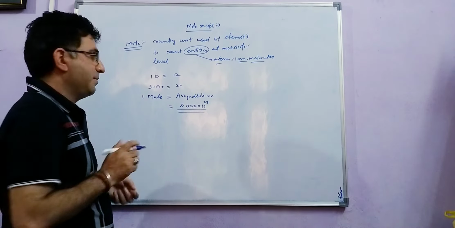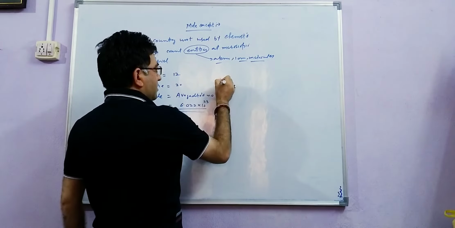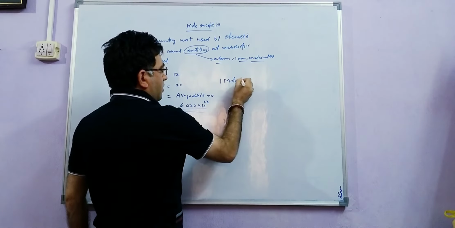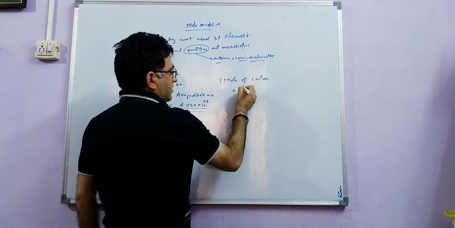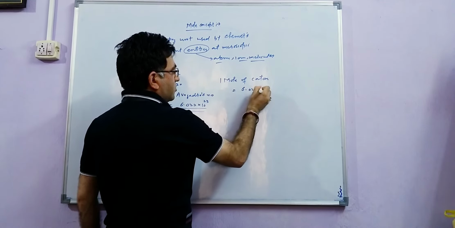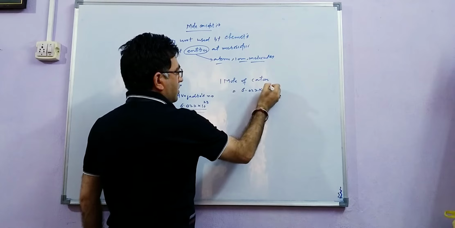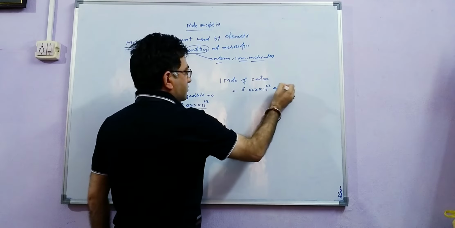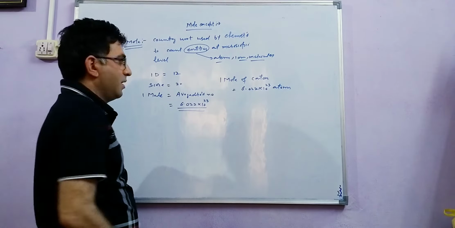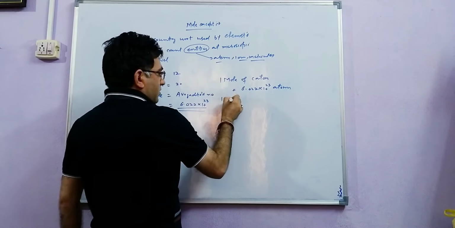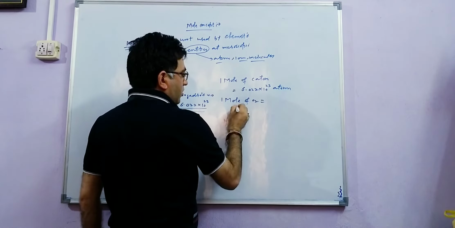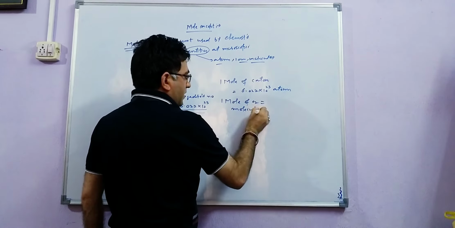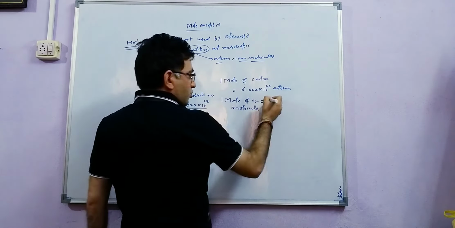Suppose I am writing 1 mole of carbon atom, how many atoms are there? 6.022 into 10 raised power 23 atoms of carbon. If I am writing 1 mole of O2 molecule, how many molecules of O2 are there in 1 mole?